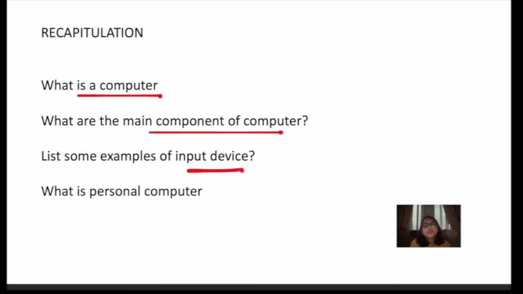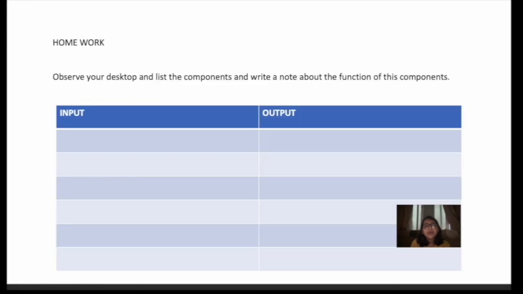And then this is a homework for you, students. You have to observe your desktop, list the components and write a note about the function of each component. First you have to observe your desktop, then list whether each is an input or output device. I will give you an example. By your observation, what do you think, students?